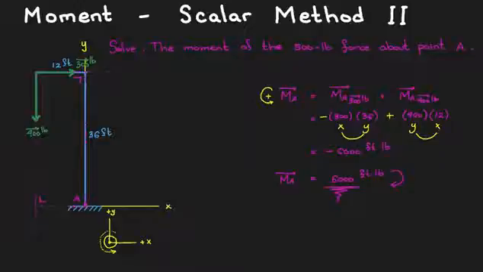Number one is that a quick way to find moment is always force times distance. However, they need to be perpendicular to each other. If you don't want to use the r crossed with f or the cross product, it's as easy as finding force times distance, but they have to be perpendicular to each other.